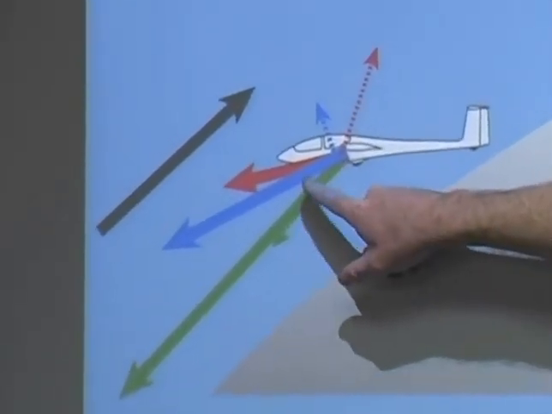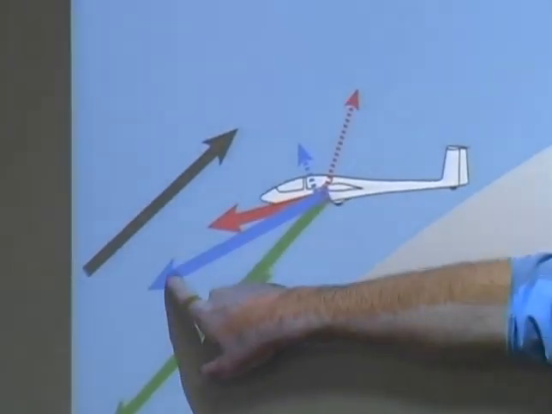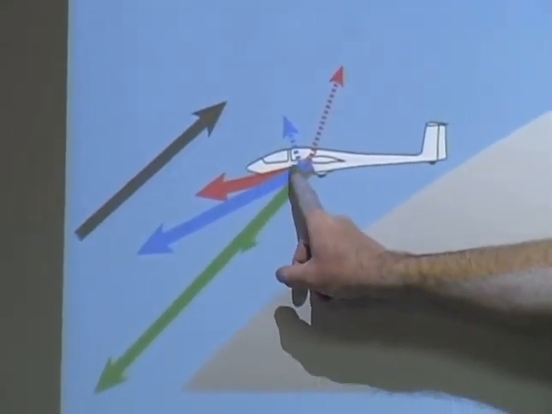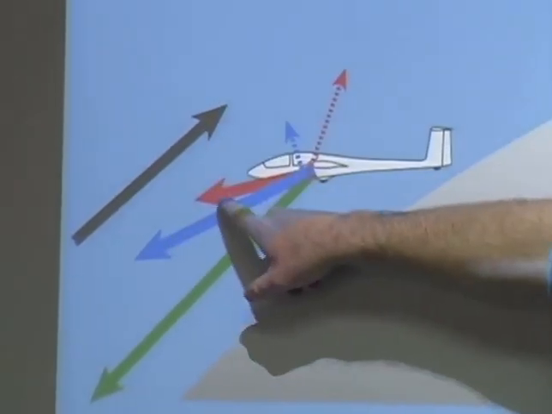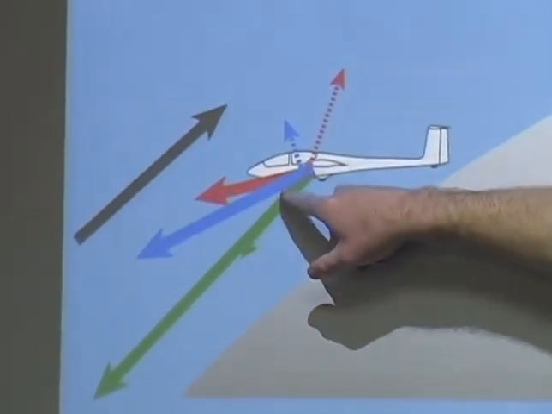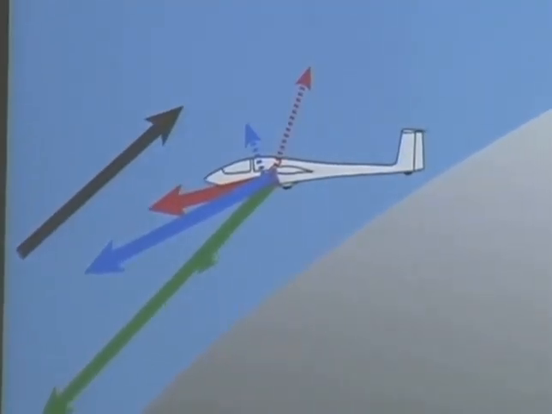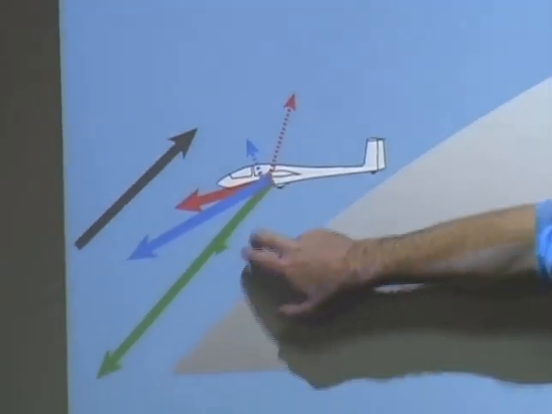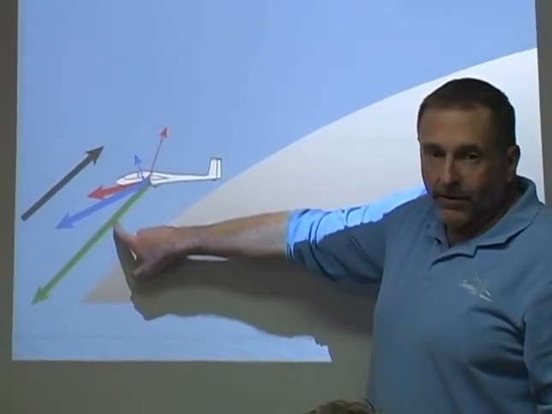In this particular one, if I'm flying at the blue speed, then the glider is going up and forward a little bit, so it's climbing. If I slow down to, let's call this minimum sink, I'm climbing really good. I'm also going backwards because of the wind. And if I speed up to the green, I'm going down and forward.